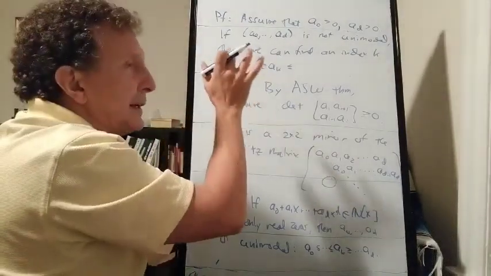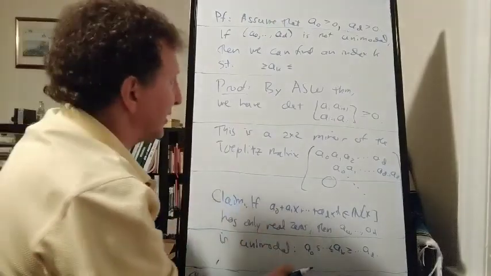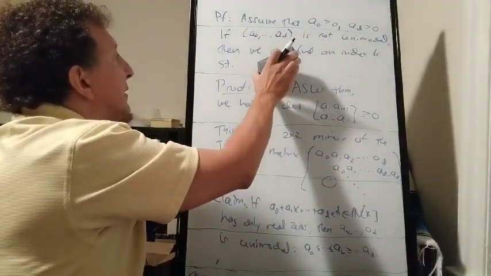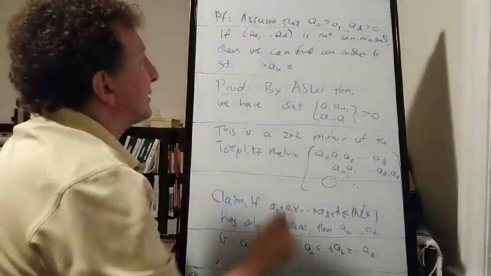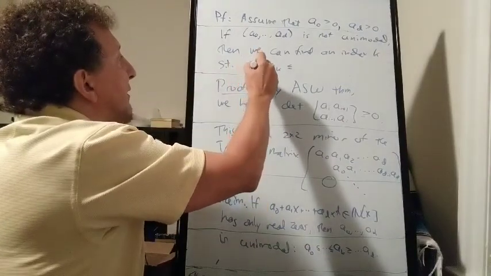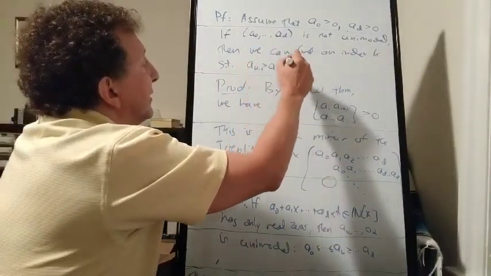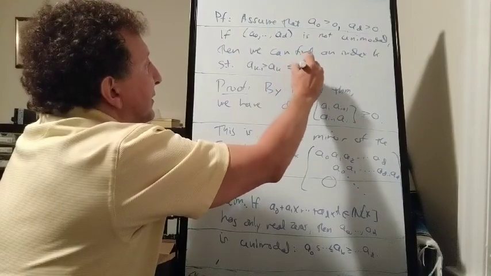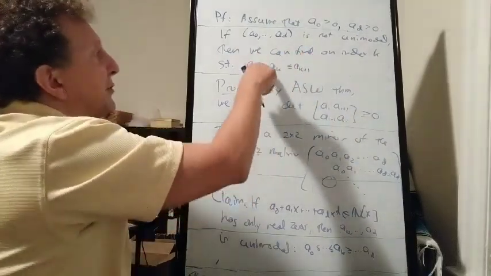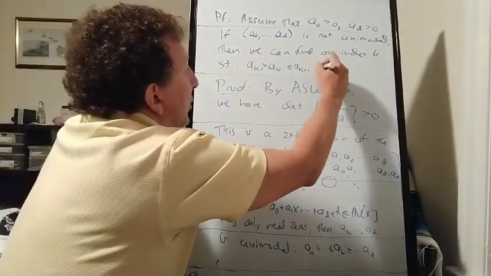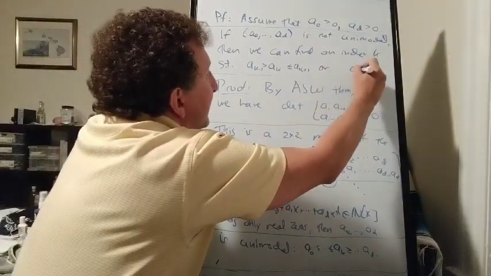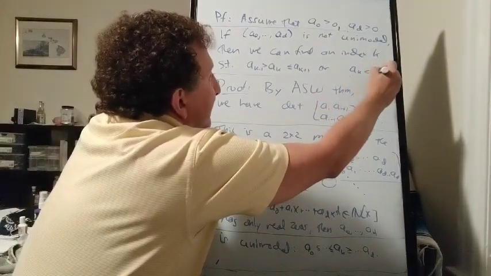Actually, if they were equal on both sides, that wouldn't be a contradiction to unimodality. So let me say this. It's got to be strictly less than something on one side, and then less than or equal to what's on the other side. So it could happen with the strict inequality on the left or the strict inequality on the right.